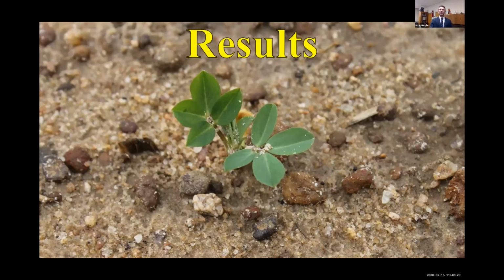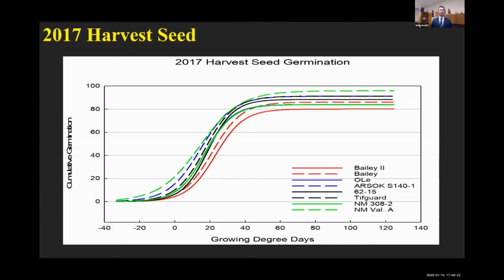So let's move into our results. First, we'll talk about the 2017 harvested seed. Along the x-axis is the growing degree days, and along the y-axis is the cumulative germination. It is worthy to note that the solid line represents the HO, or the near-isogenic lines, while the dashed line represents the parent lines. The red are the Virginias, blue are the Valencias, black are the runners, and green is finally the Spanish.